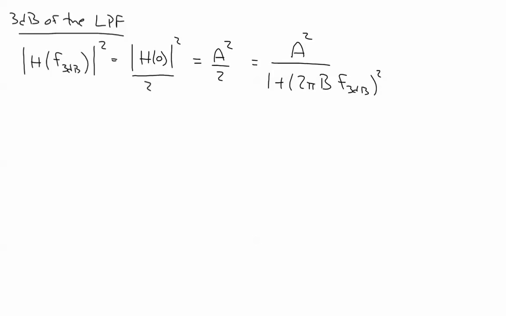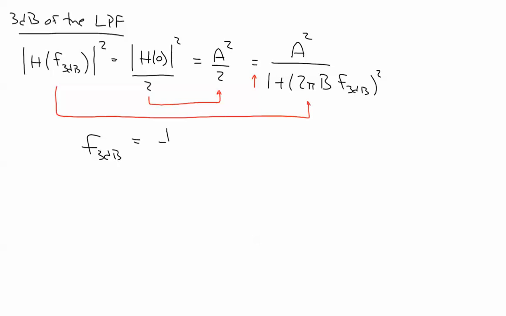So this much equals that much, and I'm going to set those two pieces equal to one another. It's pure simple algebra from that point on. You find that the 3 dB frequency is just 1 over 2 pi times b.